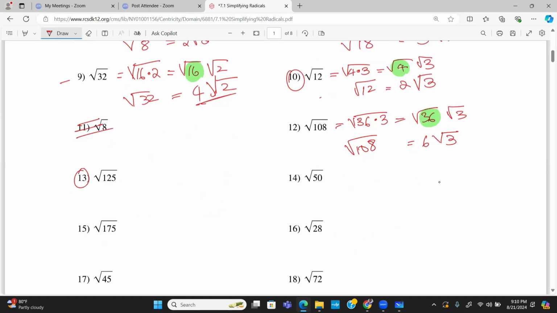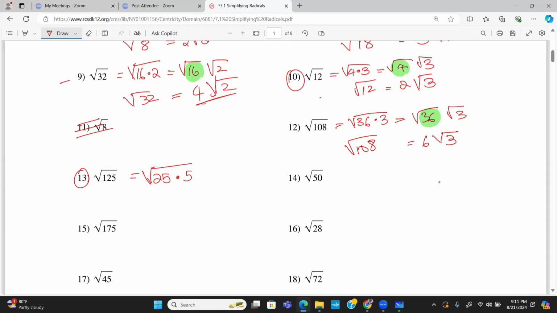Right, let's do number 13. For number 13, I have the root of 125. 25 is a good number to use. So this is going to give me 25 times 5. Right?